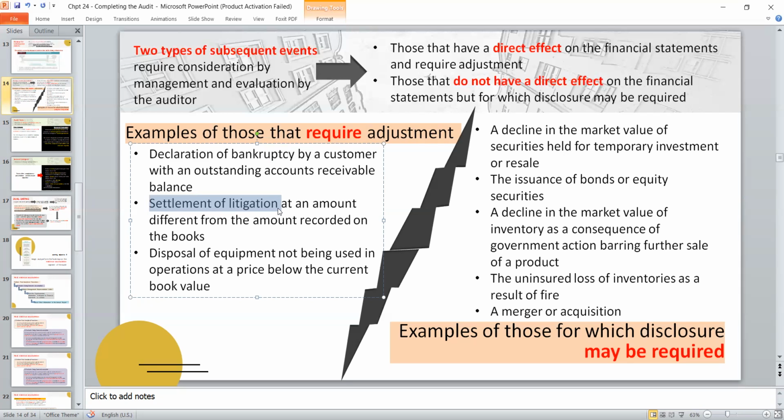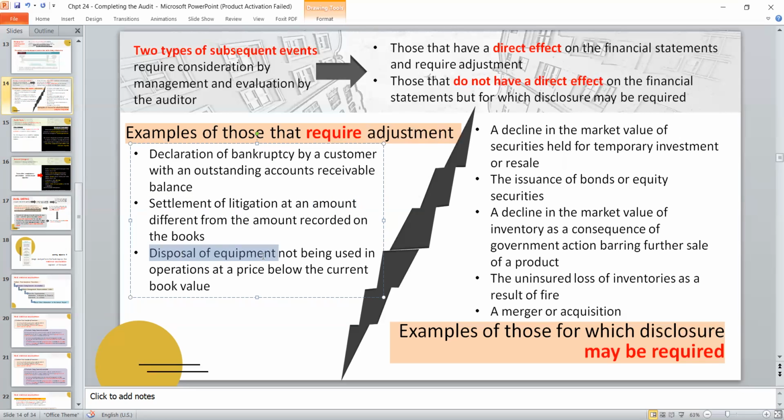If the litigation is already settled, of course you know the exact amount of the effect, and you need an adjustment for the difference from the uncertain amount they recorded before. So they already know the exact amount, and of course you need to make an adjustment.